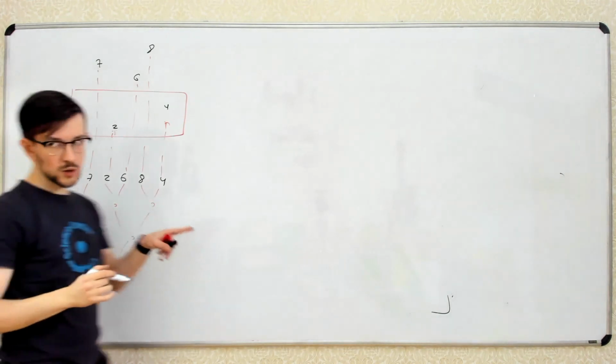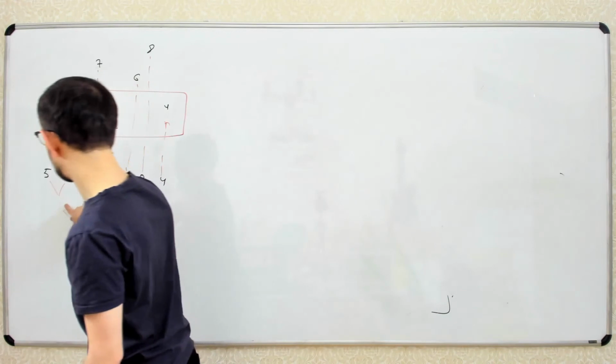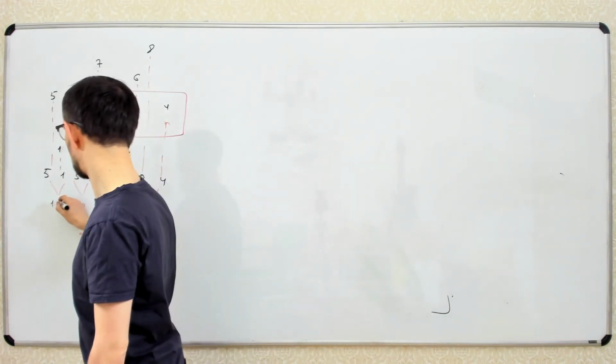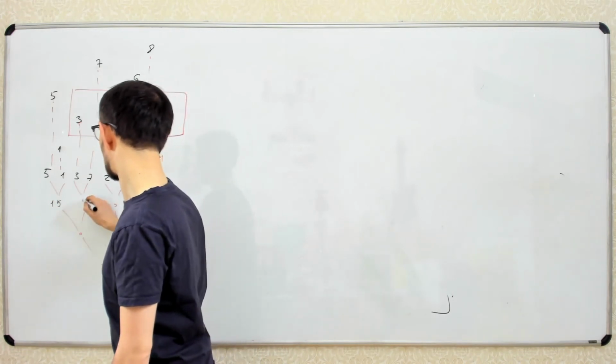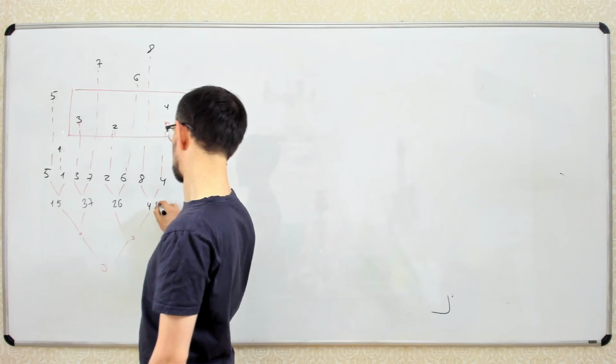In the second layer, we will have lists of 2 elements. So here we have lists of 1 and 5, sorted by y: first 1, then 5. Here we have 3 and 7, here 2 and 6, here 4 and 8.